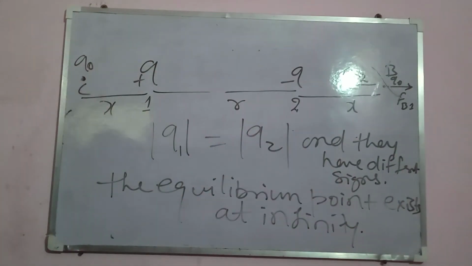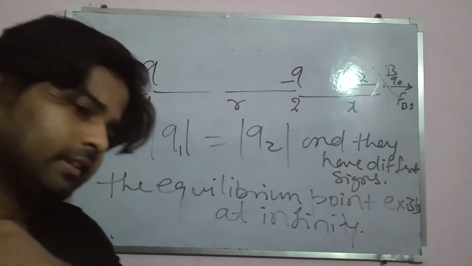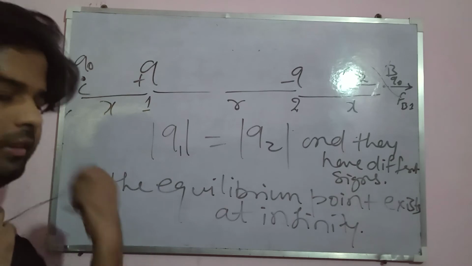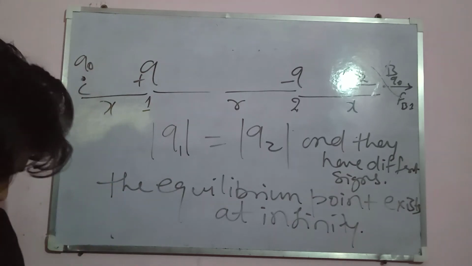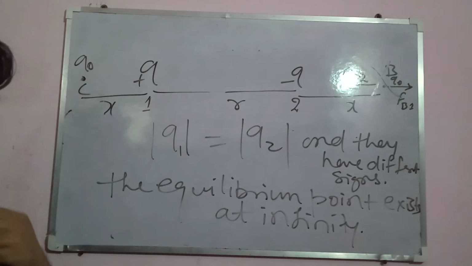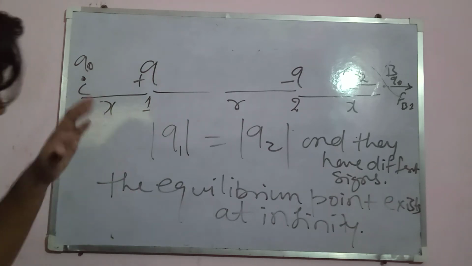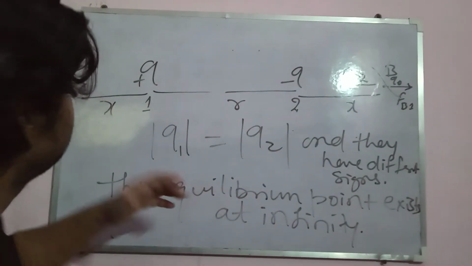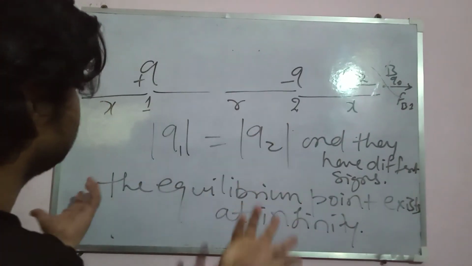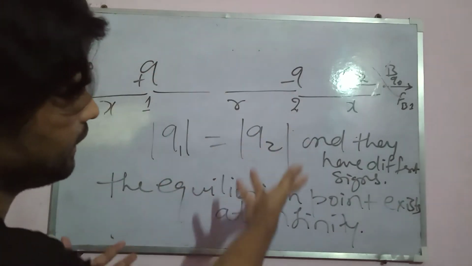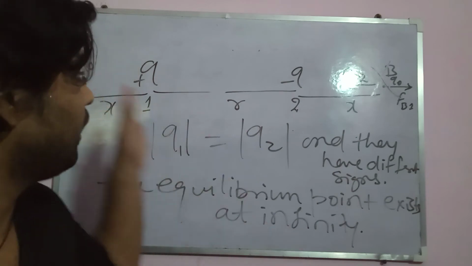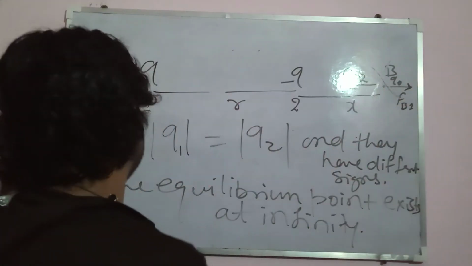This is a critical point to note: if the charges are the same in magnitude but different in nature, one positive and one negative, then you don't get an equilibrium point anywhere, either in between, or on this side or that side.